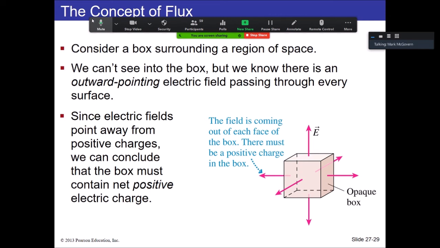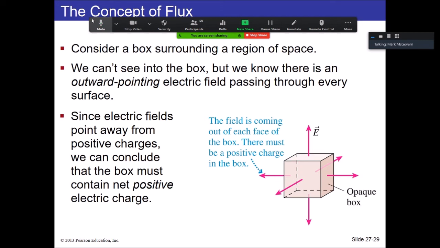The way we do flux in this context here is we imagine the electric field passing through surfaces as a result of charges. And if we characterize how much electric field goes through a given surface, that is another concept of flux that we're going to do. In this example here, we have a box. Something's in the box. We don't know what's in the box. Well, we kind of do.